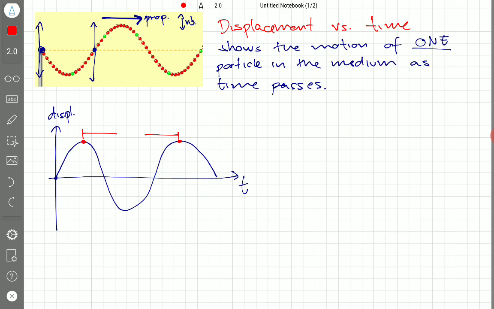So this point here represents that at this particular time, let me call it T1, the particle was at the top. And then some time later, at a time that I'm going to call T2, the particle was again at the top. So what does that mean? That could be this particle here.